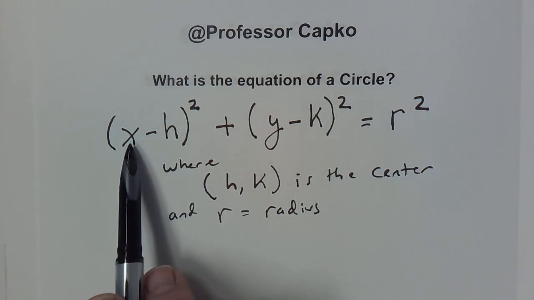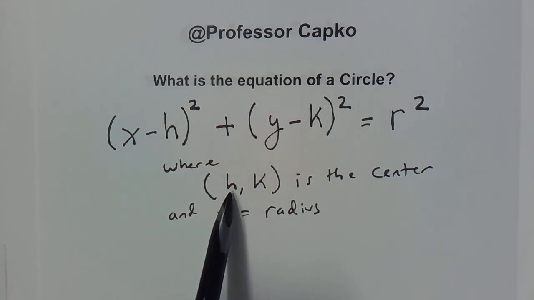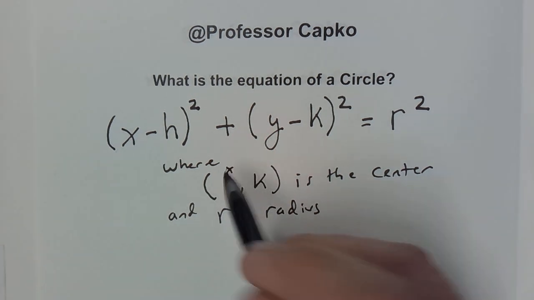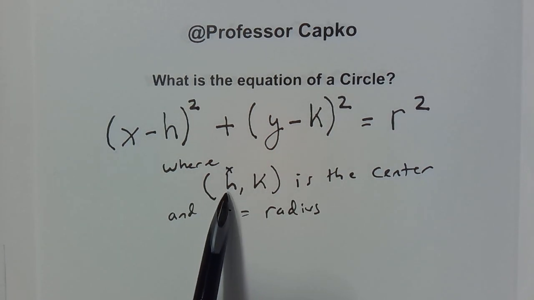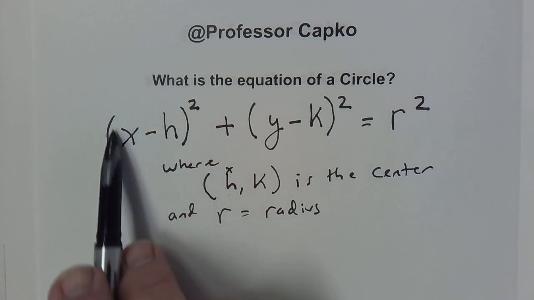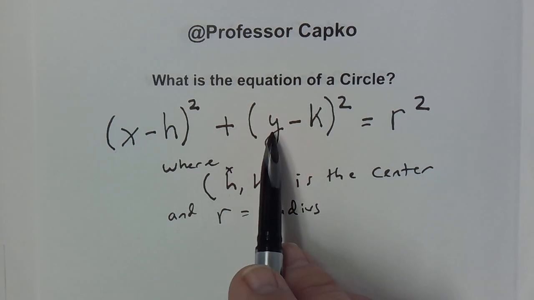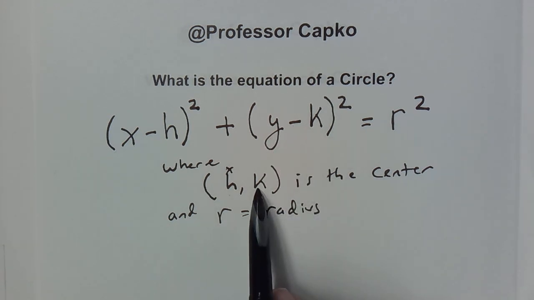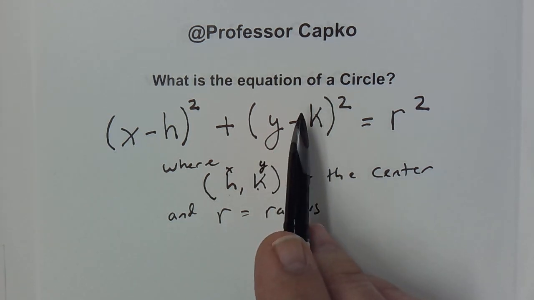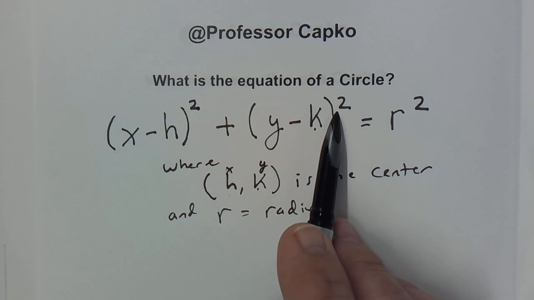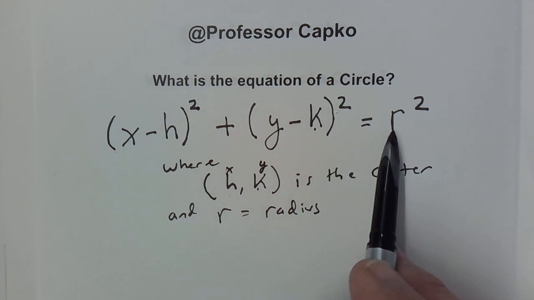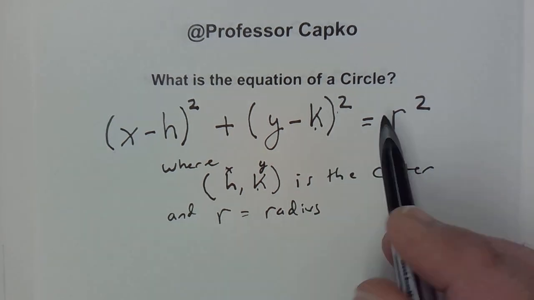So we've got x minus h, which is the x coordinate of the center of the circle, and we take that entire thing and square it. We add that to y minus k, which is the y coordinate of the center, and we square that. And that all equals the radius squared.